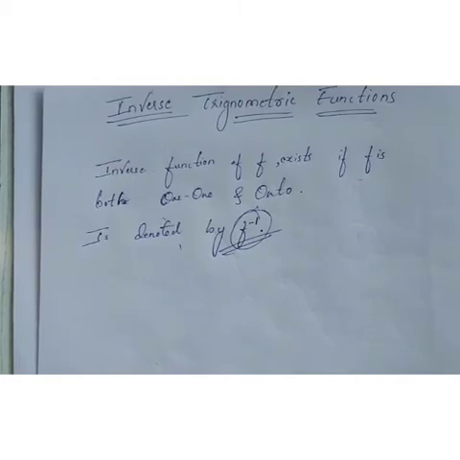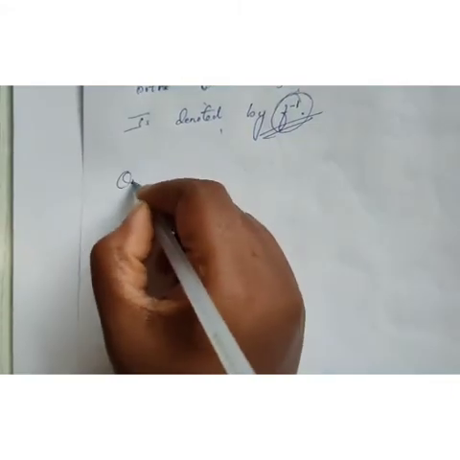So how do you know a particular trigonometric function is invertible? Let's find out for the trigonometric sine function, sin x. To say that the sine function is invertible, it should be 1-1 and onto, right? So let us check whether the sine function is onto.